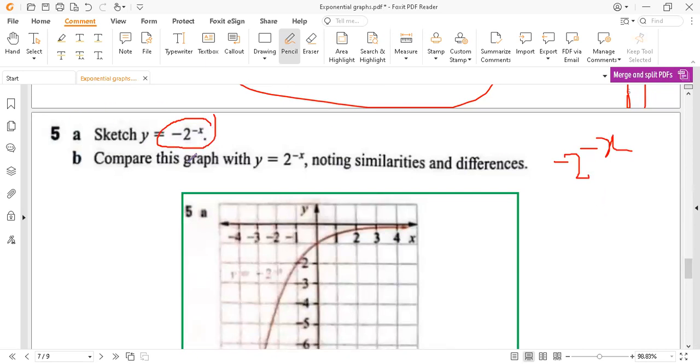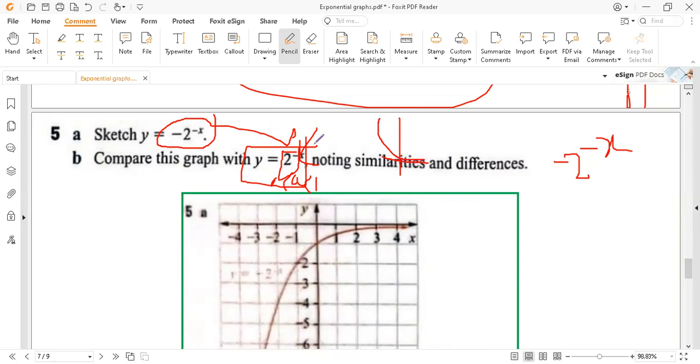If we want to compare this graph with the previous one, first of all, because they have 2 power minus x, a here is between 0 and 1, so it is a decreasing curve. Decreasing means from left to right it is decreasing like that.